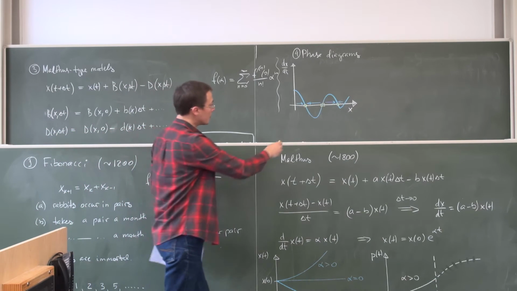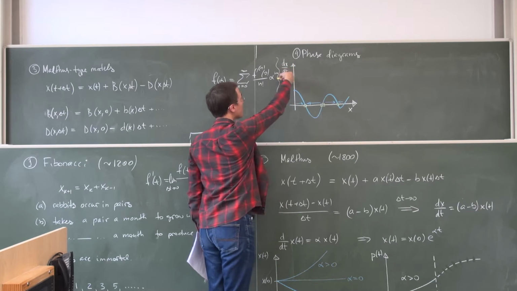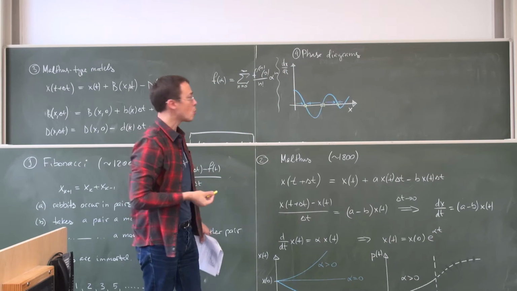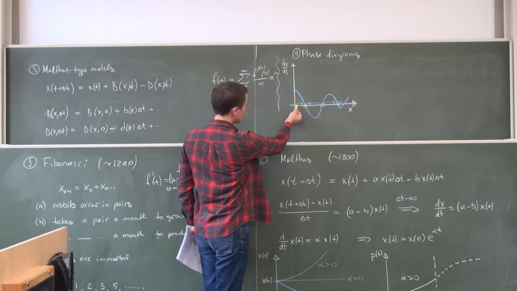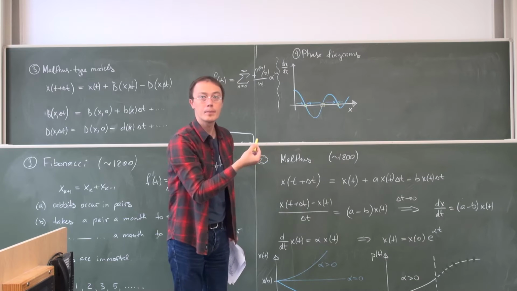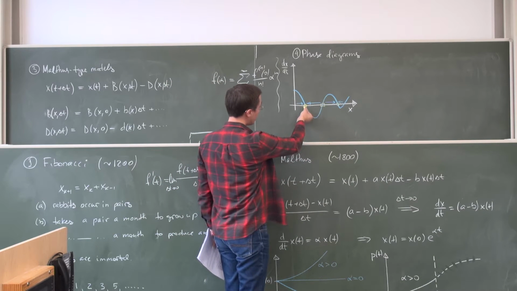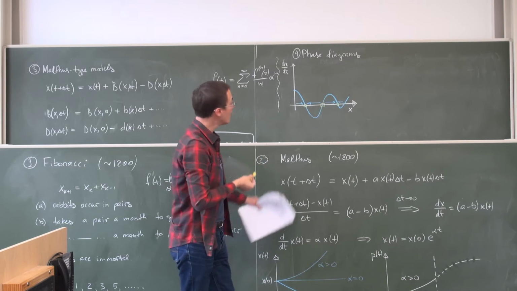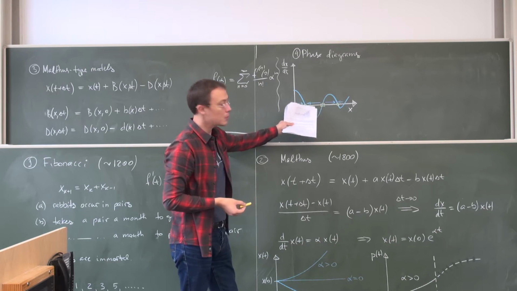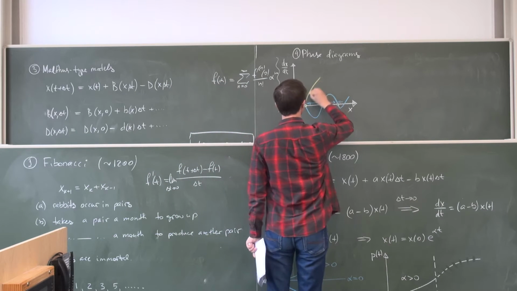Now, at this point, the blue line crosses 0, so the population growth is 0. So when the population starts here, it will eventually arrive here and then stop changing, because the derivative is now 0. If it begins here, it will arrive back there and again stop changing. When you perturb the system out of this point, the system goes back. This is called a stable stationary point.